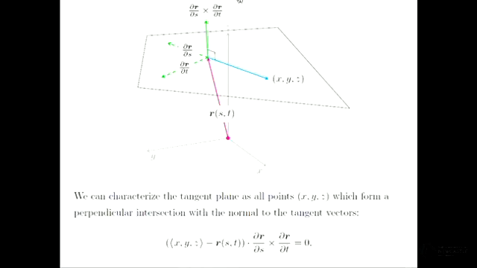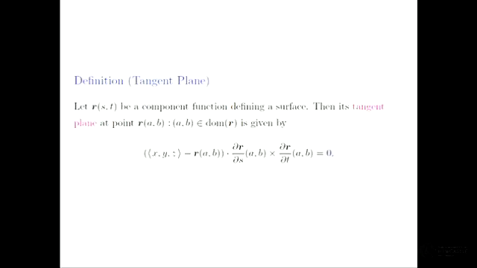The points of the tangent plane are all x, y, z such that the dot product of (x, y, z) minus r(s, t), which is this point right here, with the normal, the cross product of the tangent vectors, is 0. That is a relation telling you what all the points in that tangent plane are. Okay, well, how is this useful? Well, if r(s, t) is a component function defining a surface, then its tangent plane is quite easy to construct.